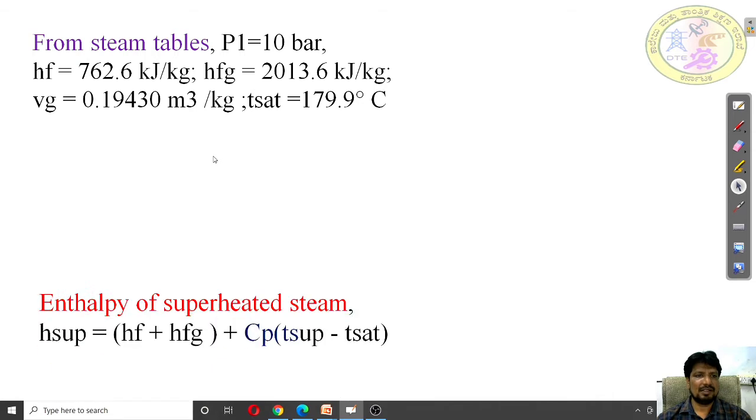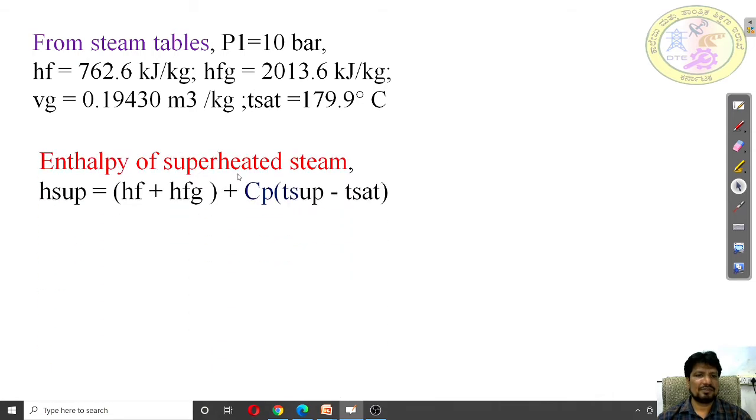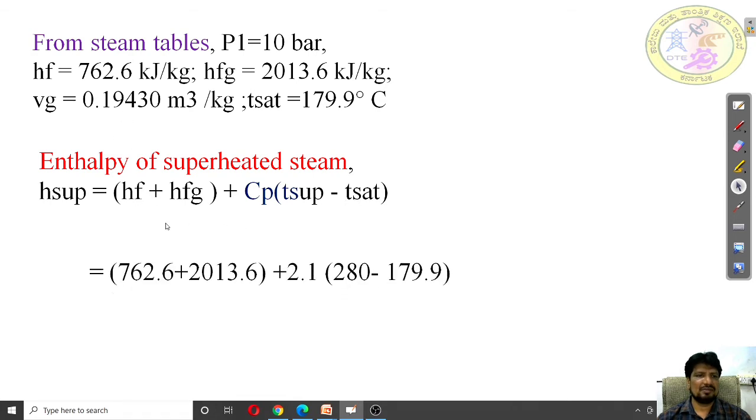Now you calculate the enthalpy of superheated steam. We know that enthalpy of superheated is HF plus HFG plus Cp into T of superheated minus T of saturated. So here we know the values.